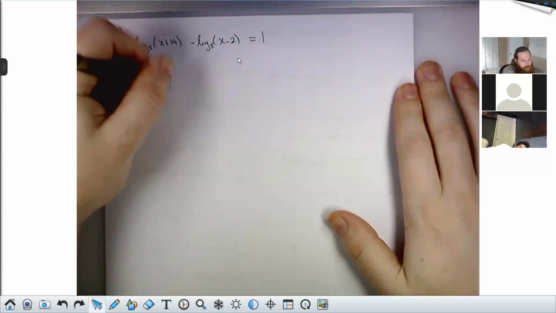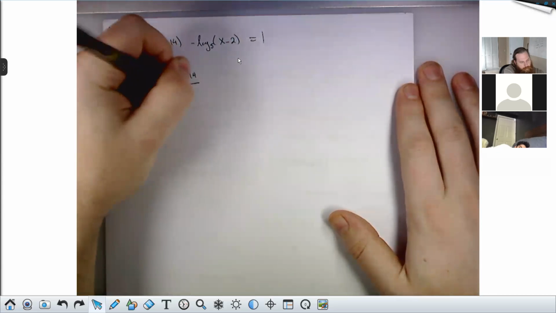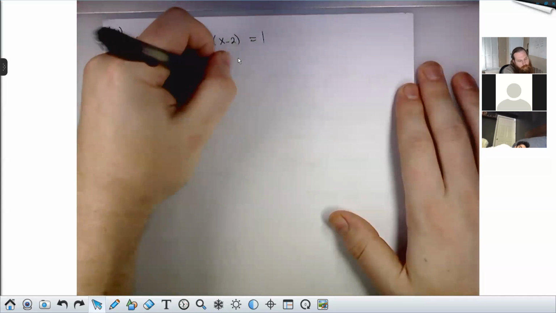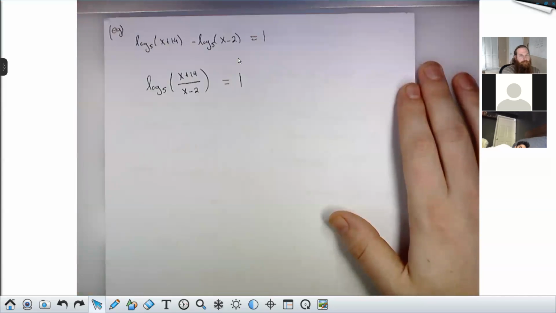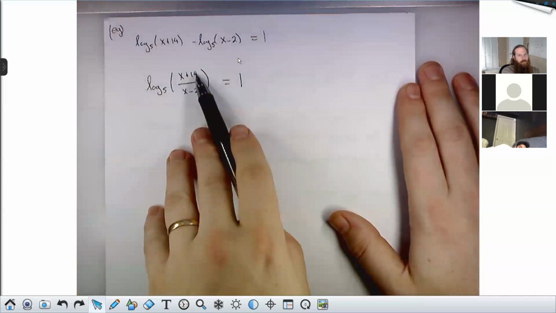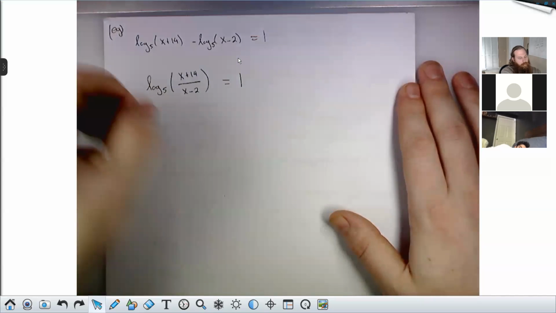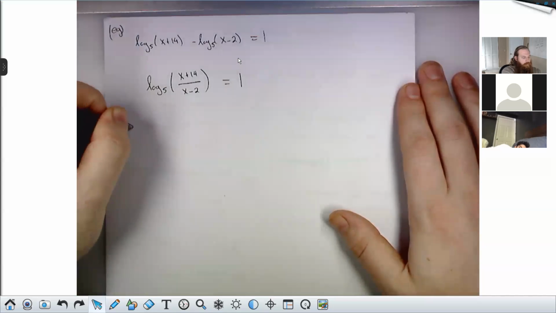This is the same as the base 5 log of x plus 14 over x minus 2. And the right-hand side is still just 1. So I'm using my rules for logarithms to combine these into this. And now I can exponentiate. Now I can put both sides in the exponent of 5.